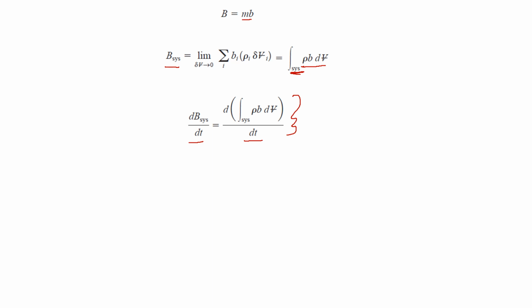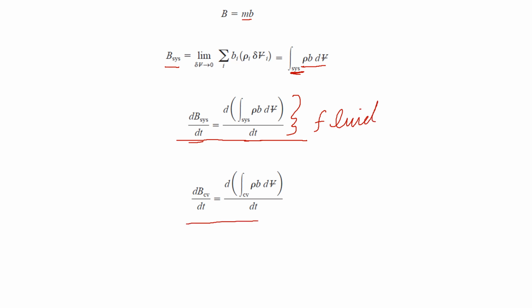equation for the control volume. So this is my relation for the system, that is my moving fluid, and this one is for my control volume, which will be fixed, and my fluid will be moving.